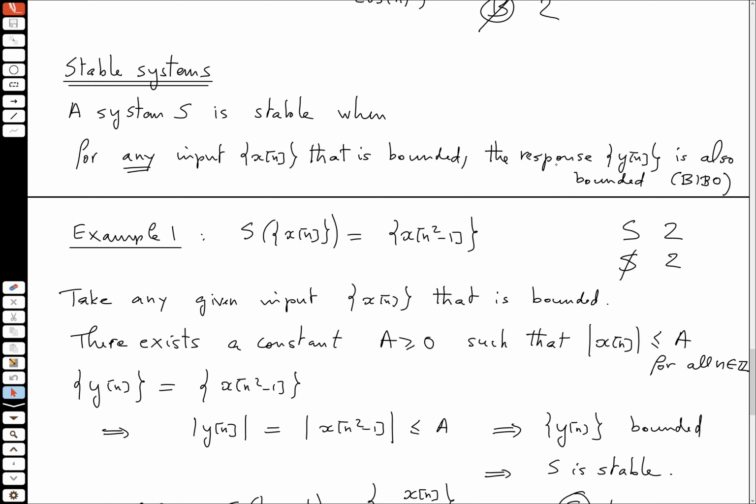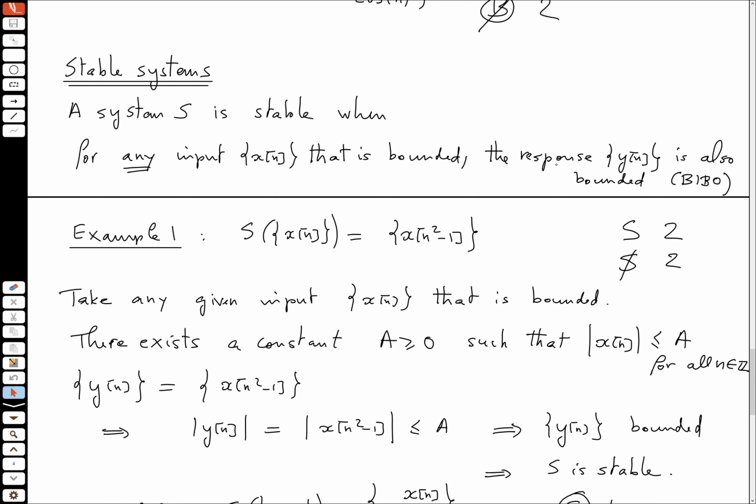So this counterexample should do what? The input will be bounded. Yes. And the output won't be bounded. Right. So you want one example of input that is bounded that gives you an output that is not bounded. All right? Because this morning I heard all sorts of things like any input that gives something not bounded.